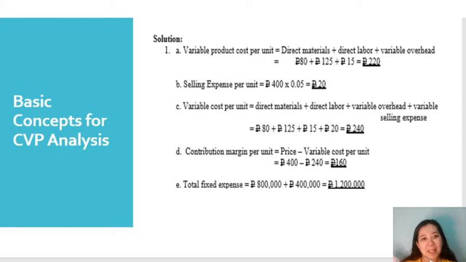Okay, next, letter E, the requirement is for you to determine the total fixed expense. This requirement is somewhat easy. What you're going to do is only add all the fixed expenses mentioned in the data provided. So in our problem, that's 1.2 million.